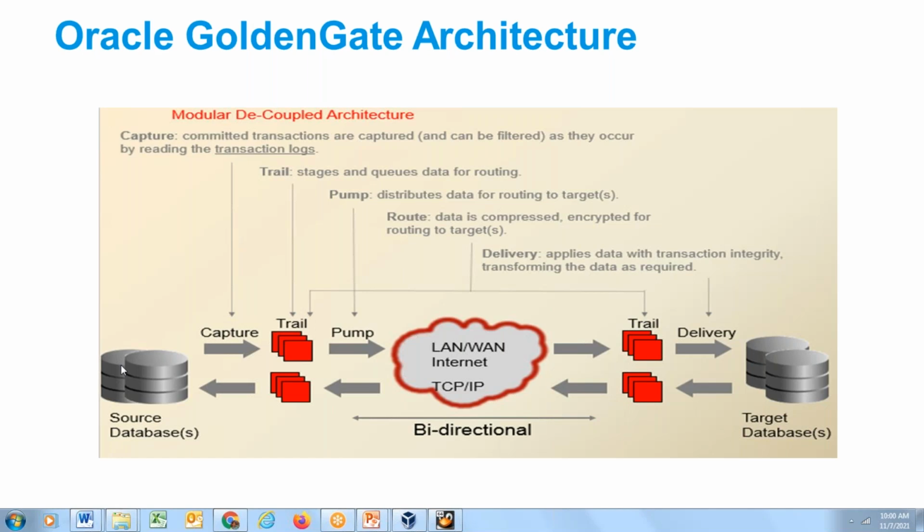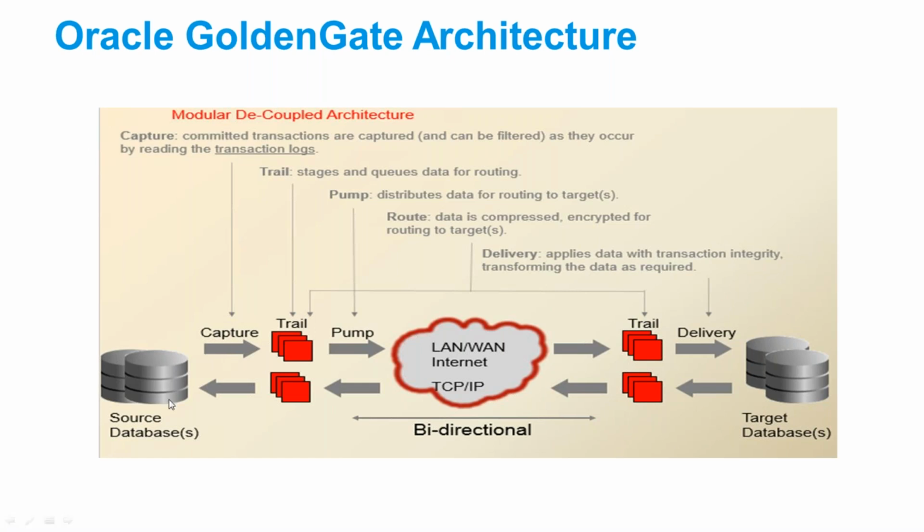Whatever changes you make to the database, like insert, update, delete, or any DDL transaction, go to the transaction log of the database. Once it goes to the transaction log, the GoldenGate capture process reads the data from the transaction logs and captures only committed transactions. Remember, your redo logs, archive logs, or transaction logs contain both committed and uncommitted data.